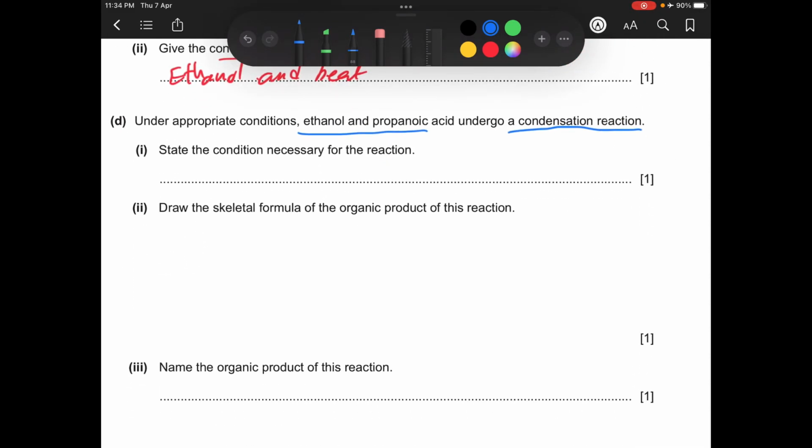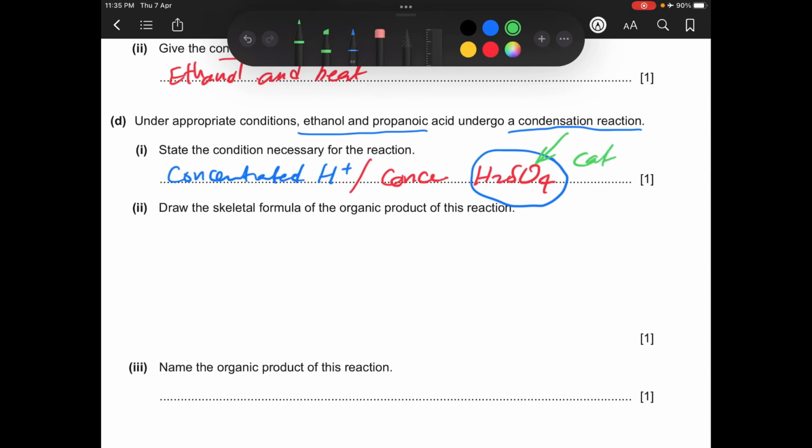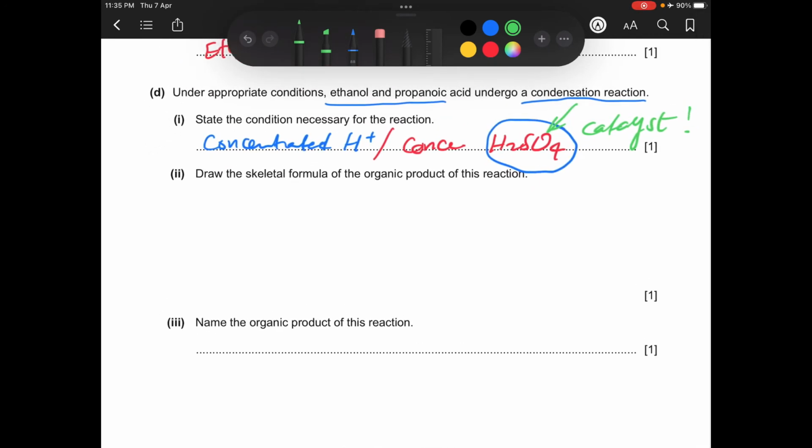If you want to make an esterification process, you have to use concentrated acid, most likely concentrated H2SO4, which is sulfuric acid. If you were asked about the role of sulfuric acid, it works as a catalyst.